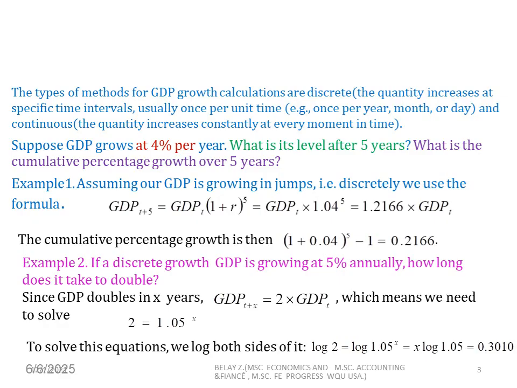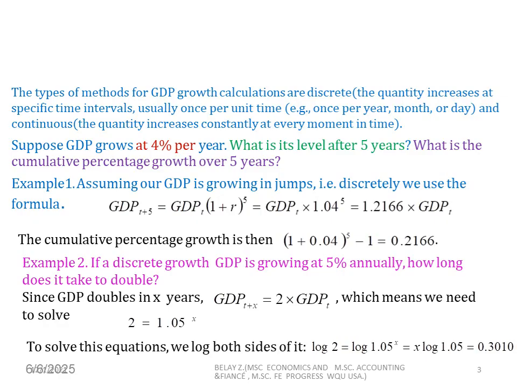Example 1: assume our GDP is growing in jumps, that means discretely. We use the formula as follows. GDP at time t plus 5, that means the next 5 years, is equal to GDP at time t times (1 plus r), where r is the growth rate, 0.04, to the power of 5, that is n or maturity time.